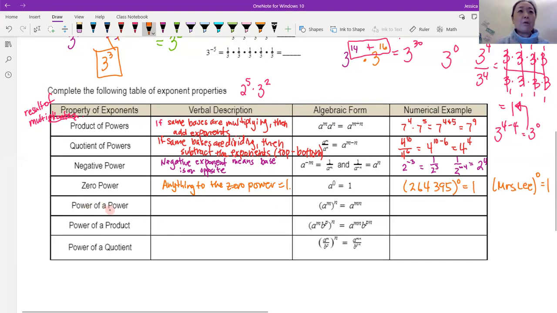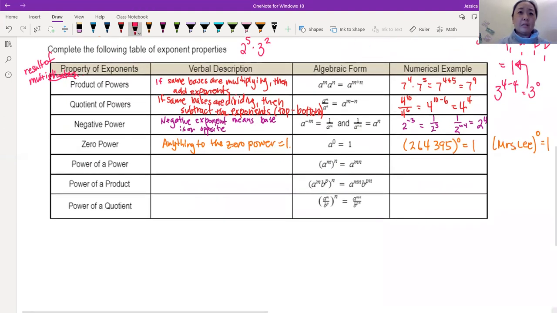All right, so power of a power. I like to say power to a power because you're going to have a power and you're going to take that to another power, right? So it's like an exponent with an exponent. A brief explanation: let's do our example here.